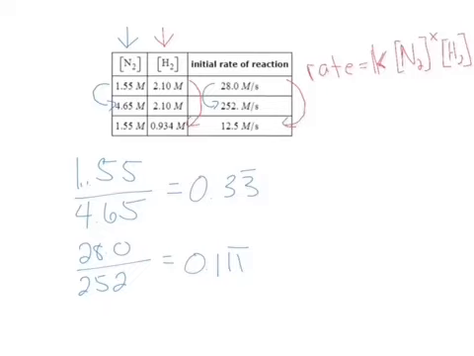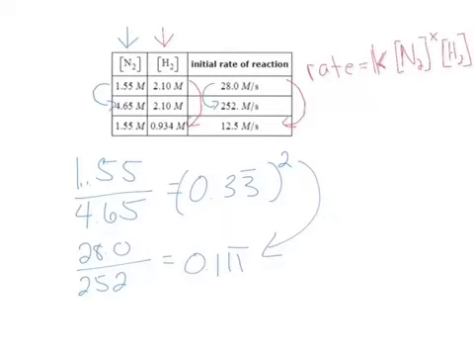So if we take 0.333 raised to the power of 2, if we have this squared, we end up getting this answer right here. And you could do the same thing if you were to reverse it.